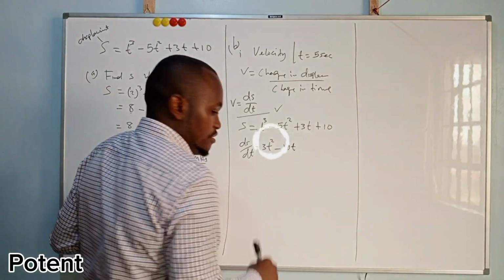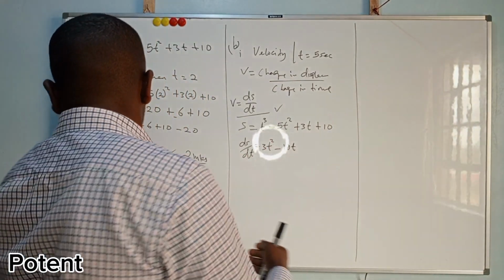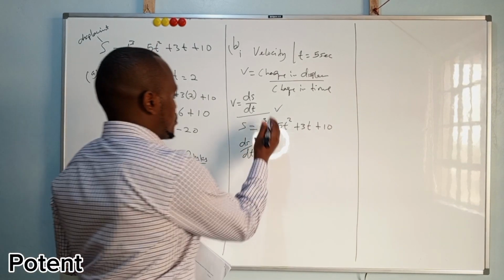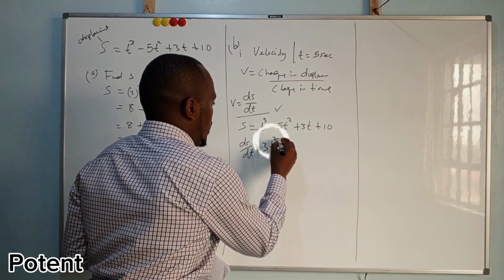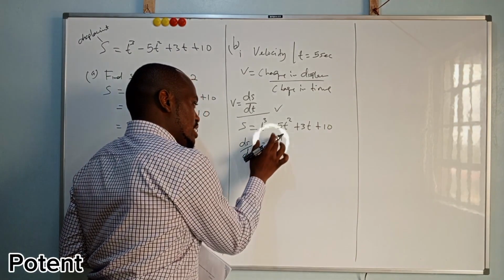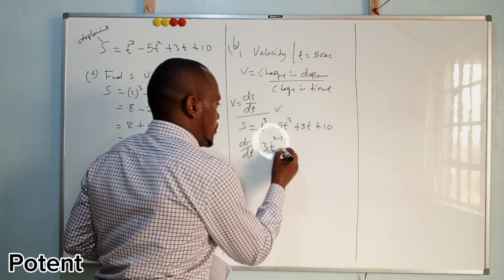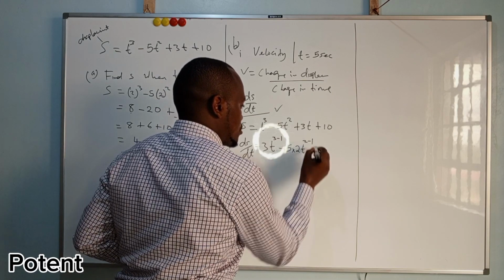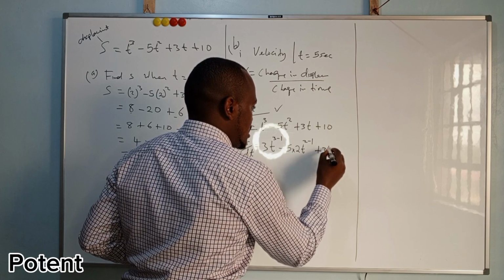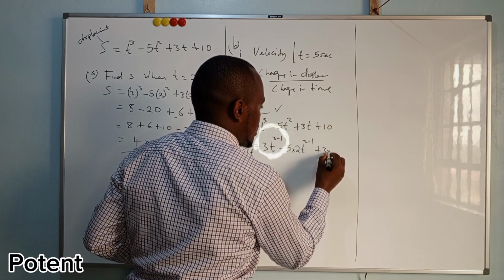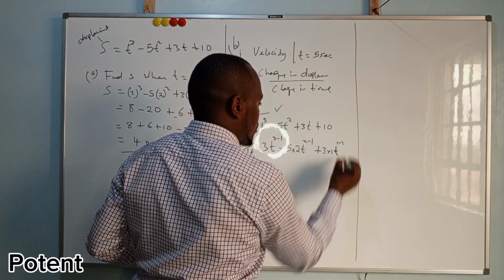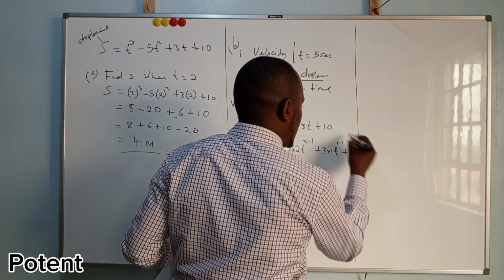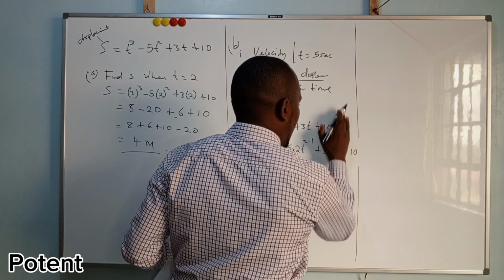Remember in differentiation, if I can just take you through how you differentiate: you first bring down the 3, then for the remaining power you subtract 1, so 3t to the power 3 minus 1. Then minus 5 times 2t to the power 2 minus 1, plus 3 times 1, t to the power 1 minus 1, plus 10 which is like 10 t raised to 0.